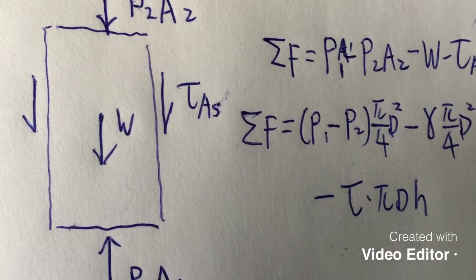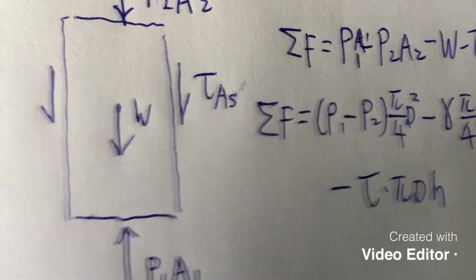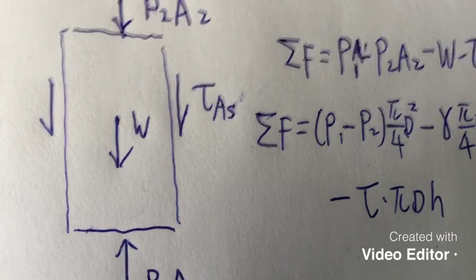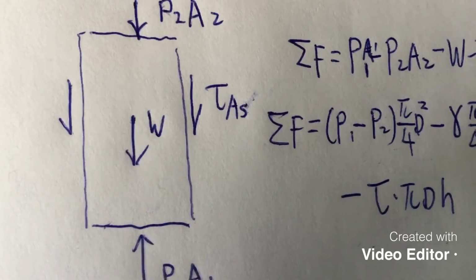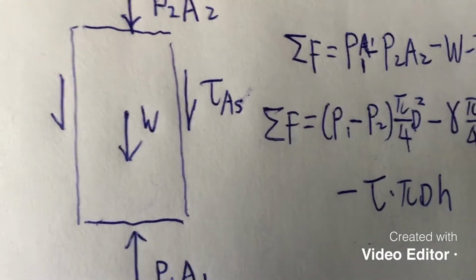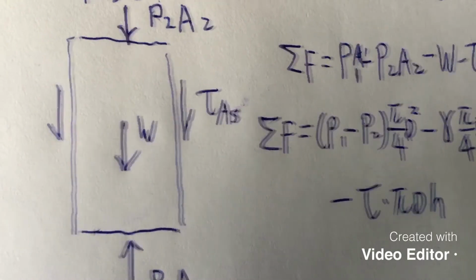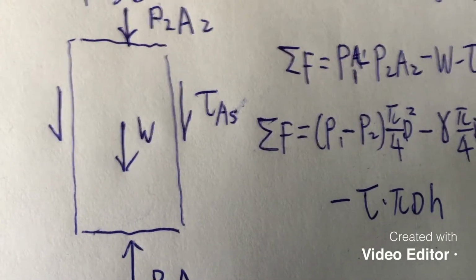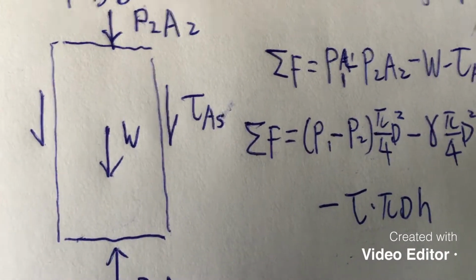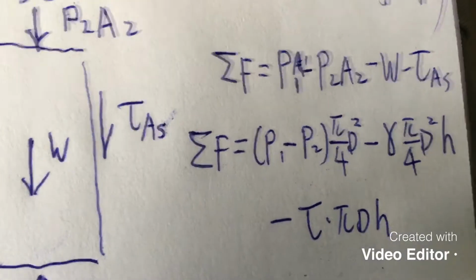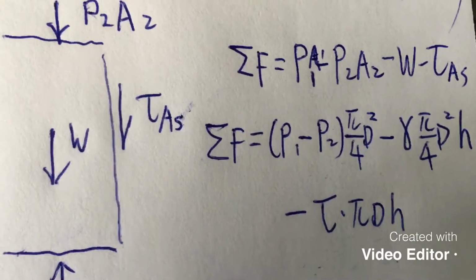Then the shear force is shear stress times the surface area. Be careful, this is the outer surface area of this pipe, so it's pi d, the circumference of the circle, times the height. Okay, so this is the summation of force in this problem.